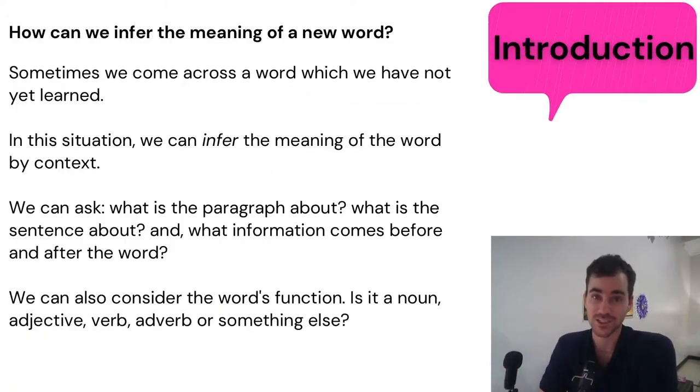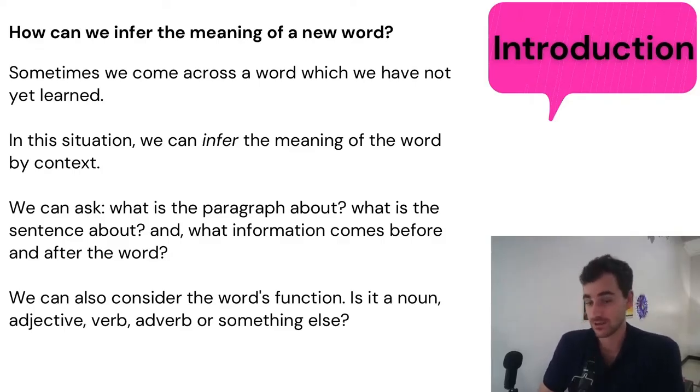Here's a little introduction to today's lesson. How can we infer the meaning of a new word? Sometimes we come across a word which we have not yet learned. In this situation, we can infer the meaning of the word by context. We can ask, what is the paragraph about? What is the sentence about? And what information comes before and after the word?